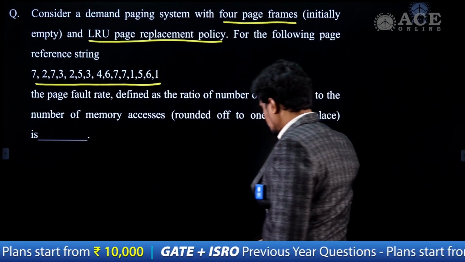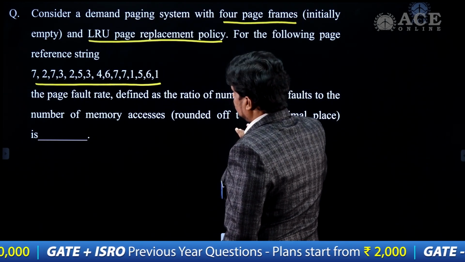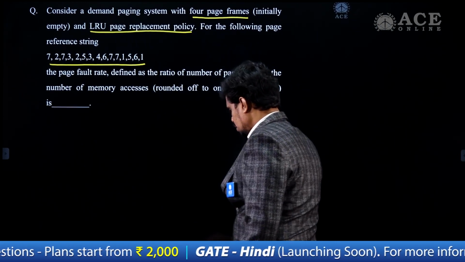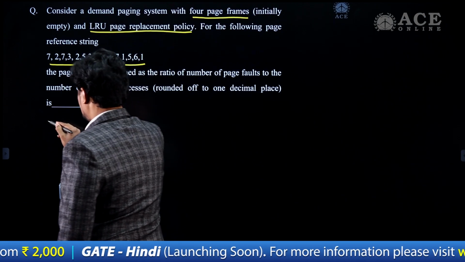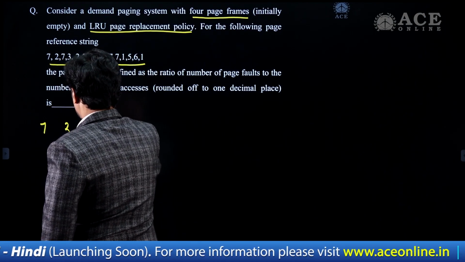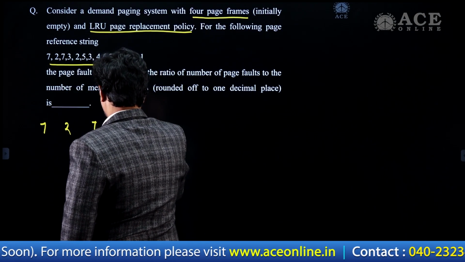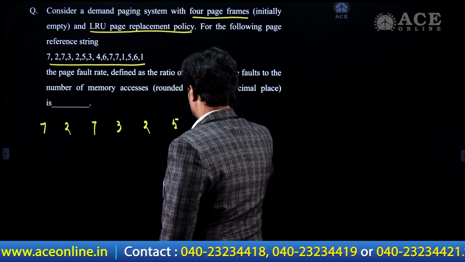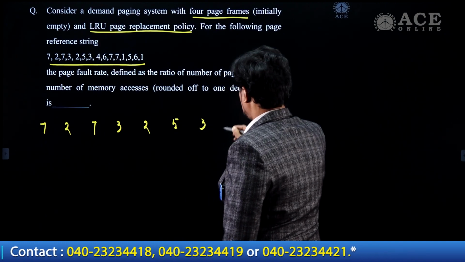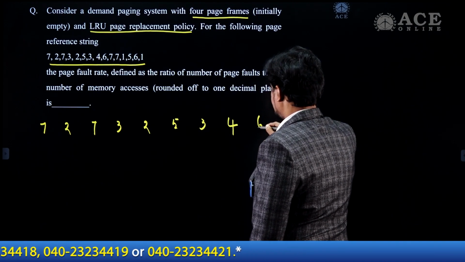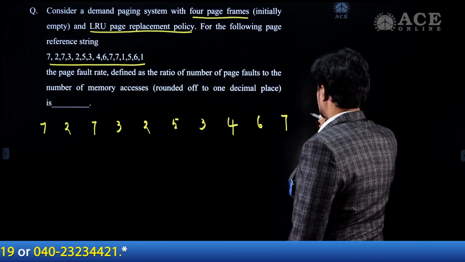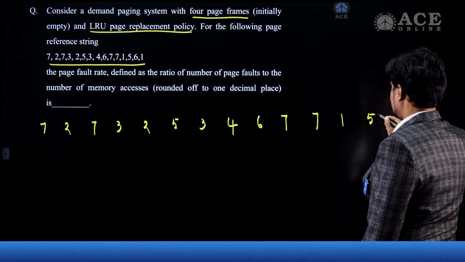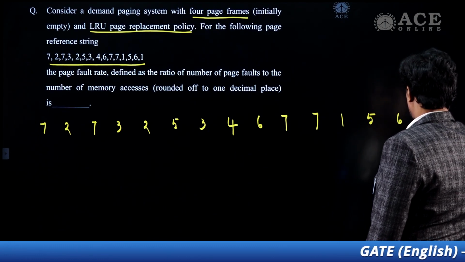So now first let us consider the page reference string here. So what is the page reference string we have? 7 2 7 3 2 5 3 4 6 7 7 1 5 6 and 1.